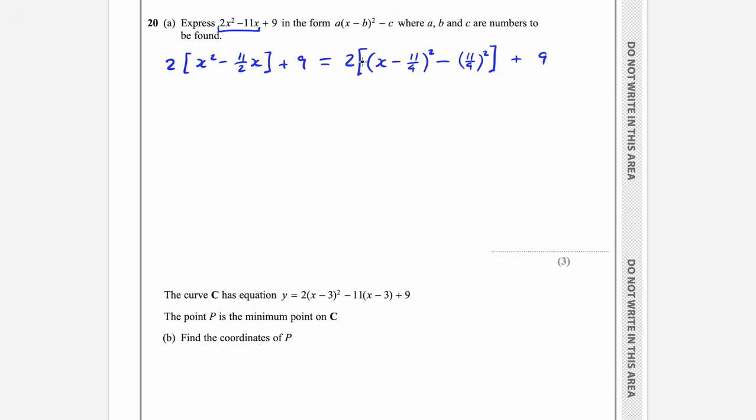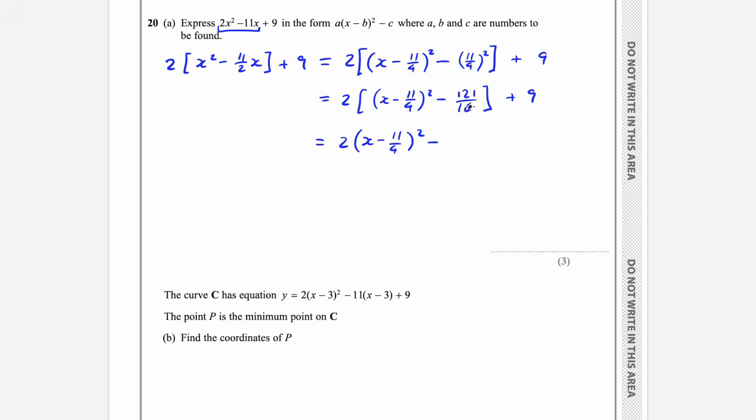Okay, then why don't we square this first? It's going to be 2 times x minus 11 over 4 squared minus, this is 121 over 16. Use your calculator if you want, guys. And then plus 9. Then 2 times this: 2 times x minus 11 over 4 squared minus, and then I do 2 times this.